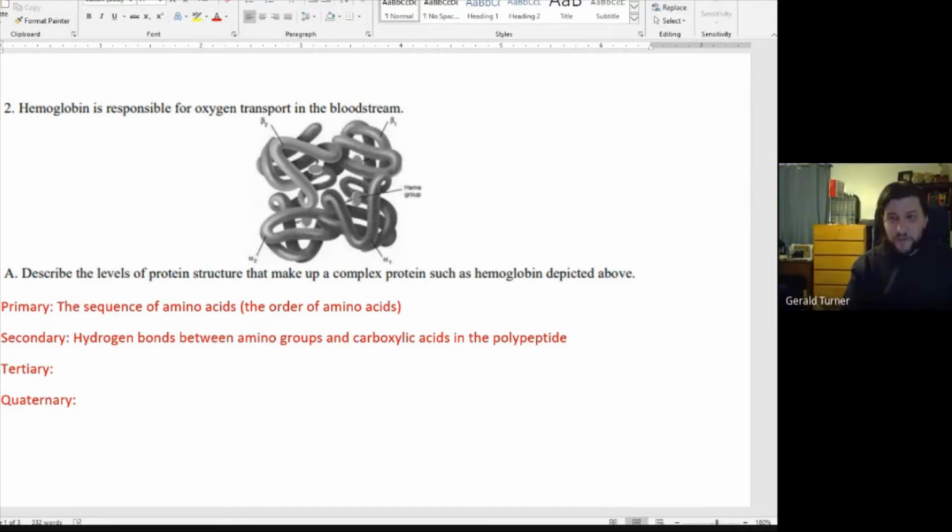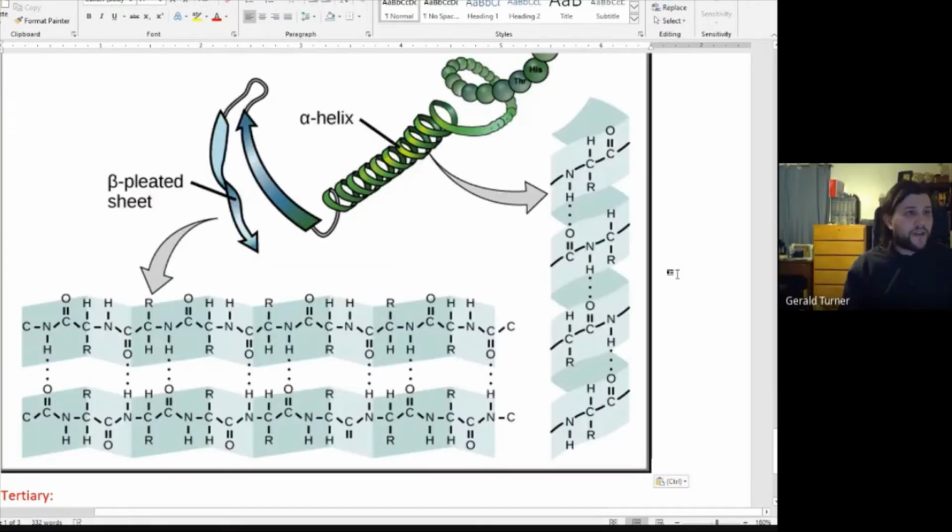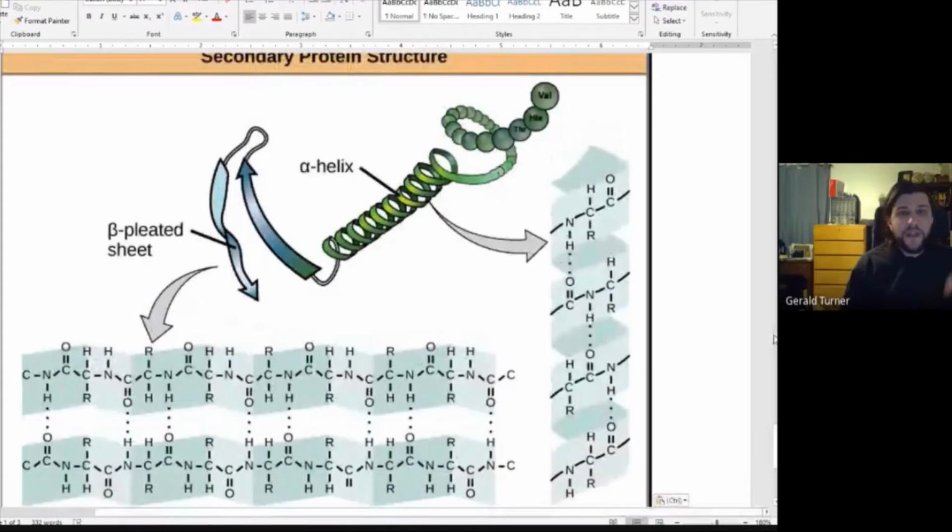There we go. All right, so the secondary structure there is going to be independent of the R groups. So notice that we've got these R groups for the protein coming off on each of those amino acids there.